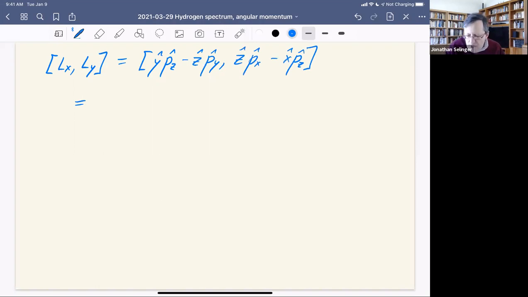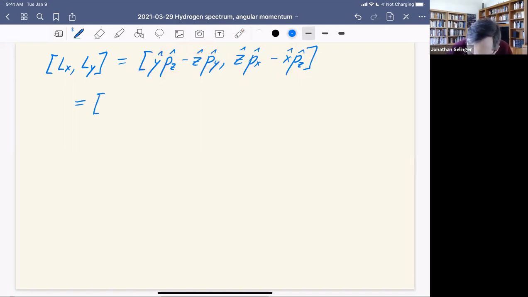Okay, so if we want to work out these commutators, we could say the commutator of this thing with the difference, that's the commutator of this thing with that, minus the commutator of this thing with that. So we can do that expansion, and then we can do the expansion on the first side also.